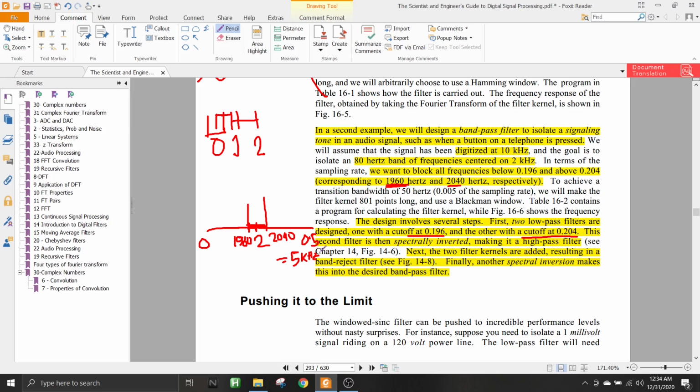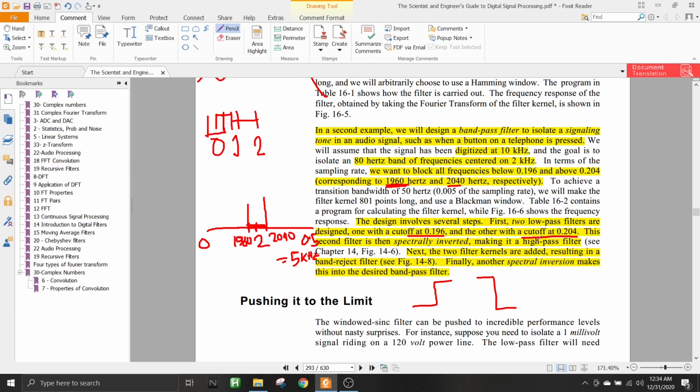Actually, we are not supposed to add two low pass filters to get band reject. To get band reject, we have to add a low pass with a high pass. If you remember from the previous chapter, convolution of low pass and high pass produces band pass, and addition of low pass and high pass produces band reject.